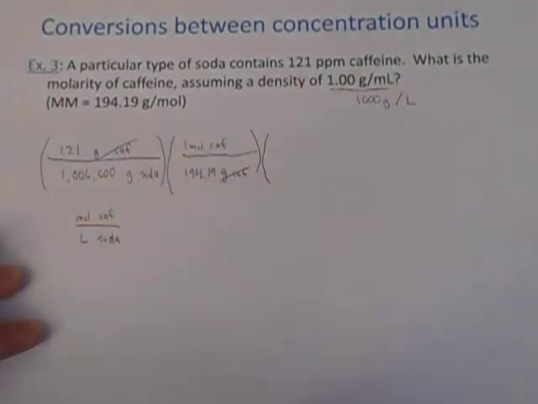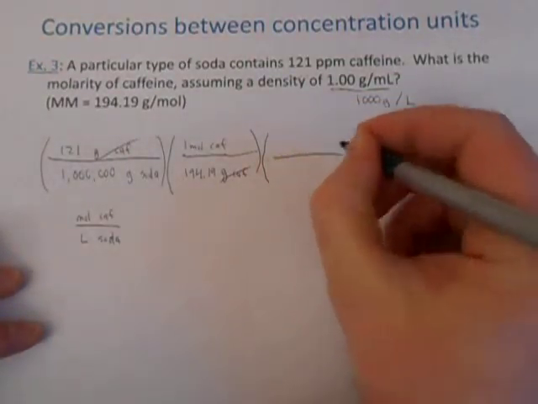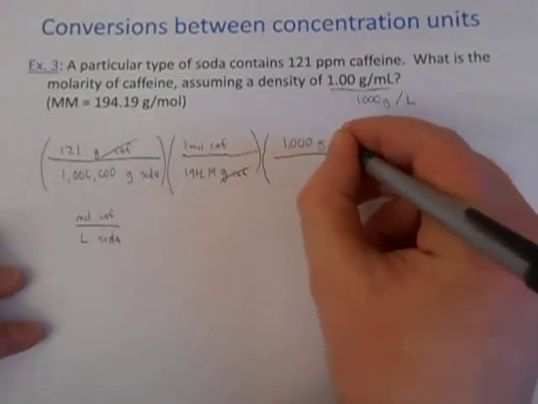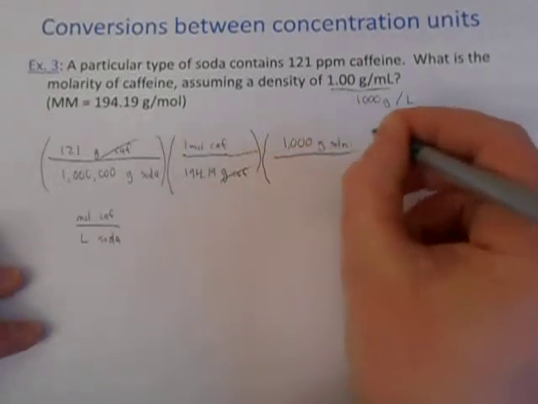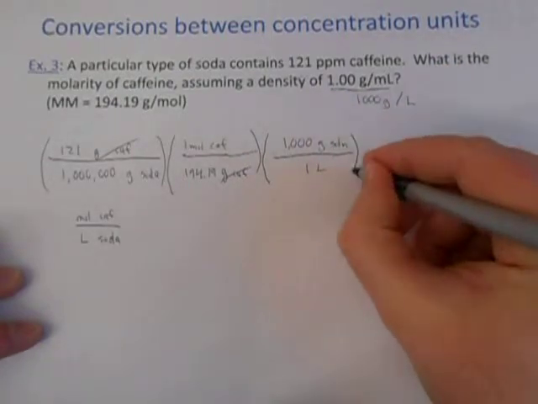So just kind of rewriting our density. And so taking this then, we would say 1,000 grams of solution takes up a volume of 1 liter, just applying the density there.